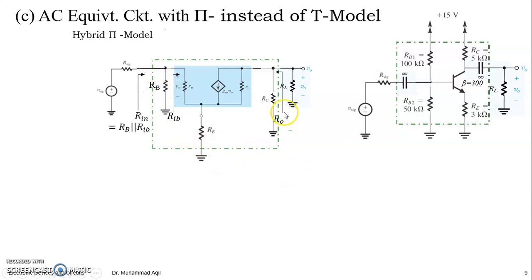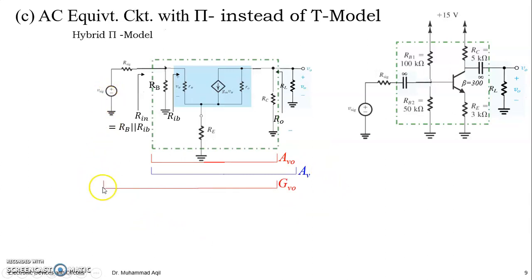About Rout, the output resistance would be looking into the output of the stage. Once we have found all these, we can relate and find the output voltages, the input voltages, and then the gain from input to the output of the stage, the gain from input to the load of the stage, the gain from the source to the output of the stage, and the overall gain from the source to the driving load.